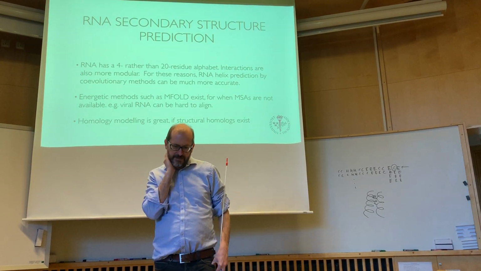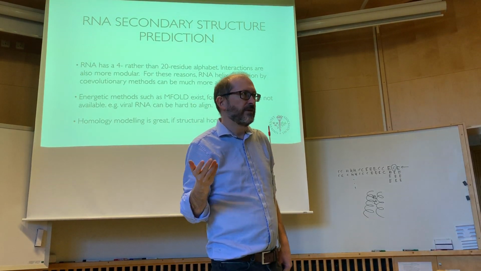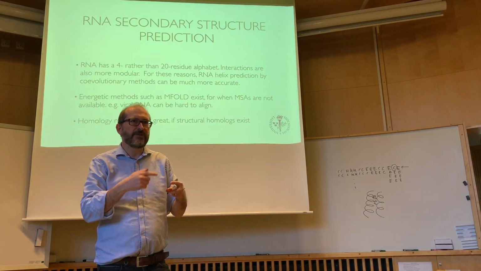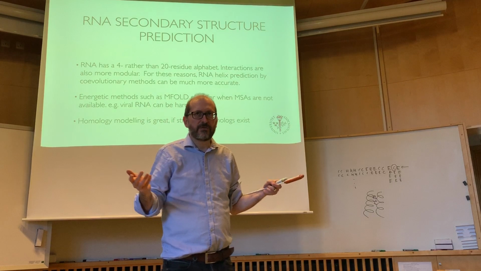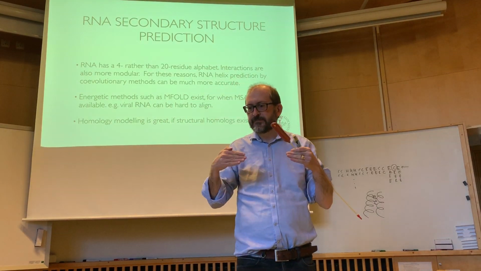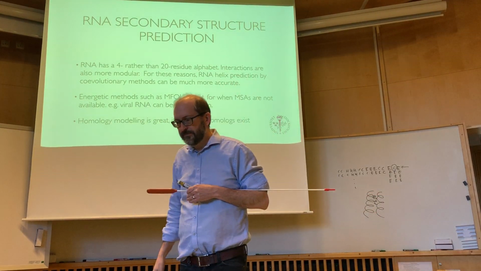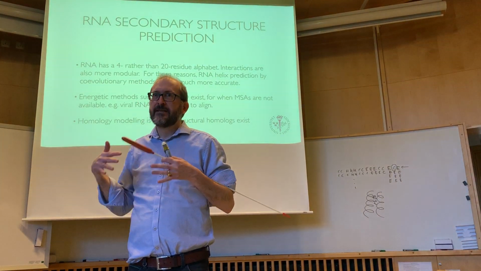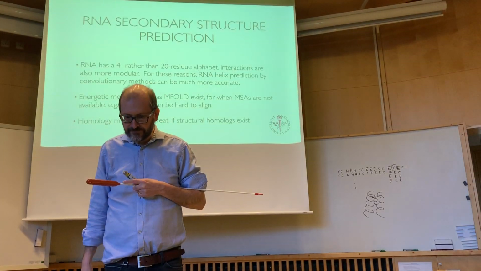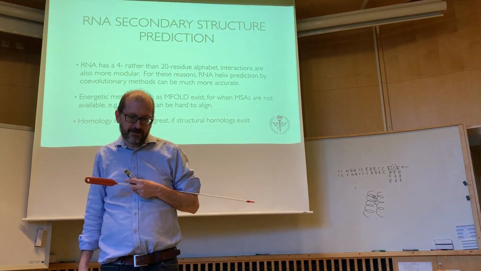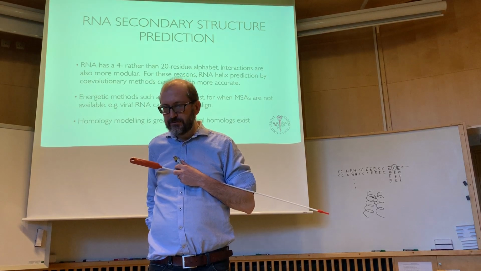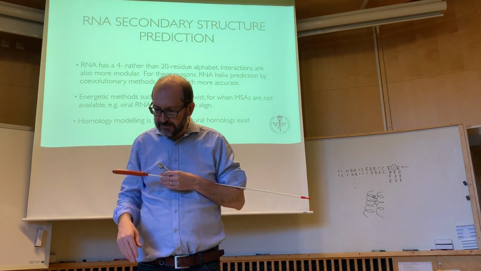Because interactions between bases are very modular compared to interactions between amino acids, right? With amino acids the entropy is just everywhere, whereas in nucleic acids, especially in double helices, it's a very specific interaction, and it doesn't have, at least not to the same extent, the propensity to shift out of that interaction and come back in.